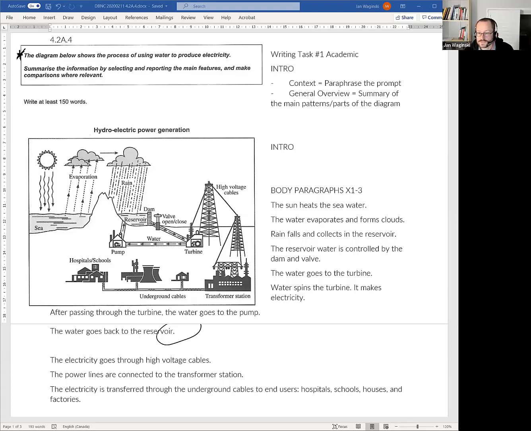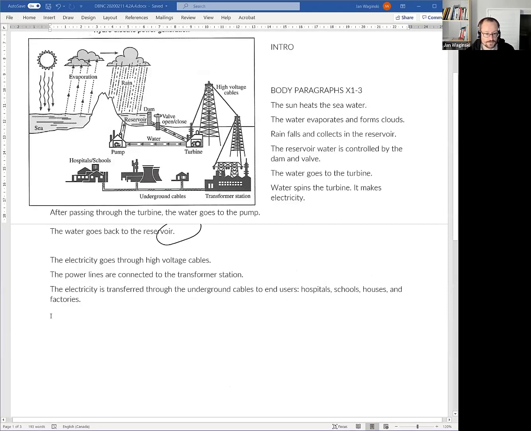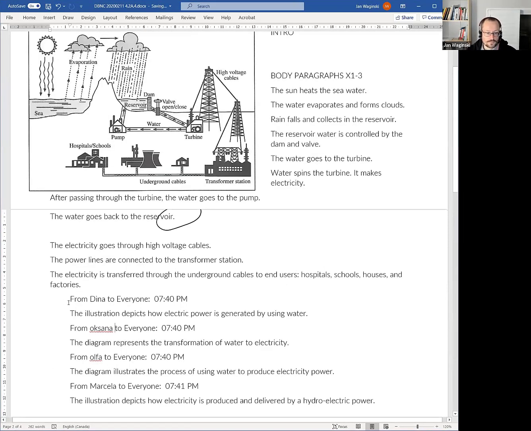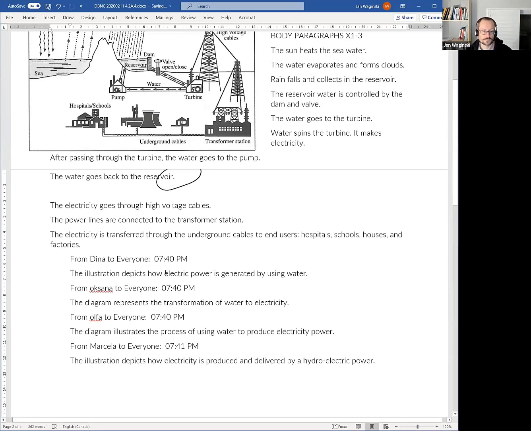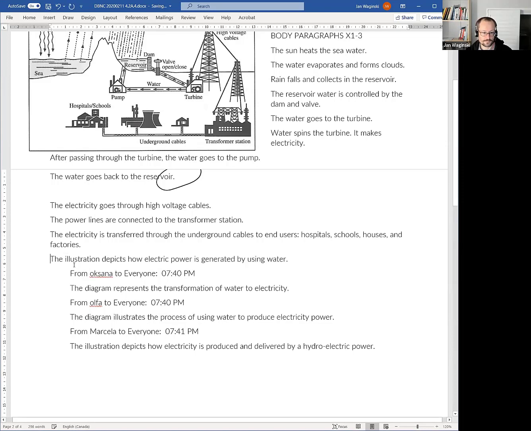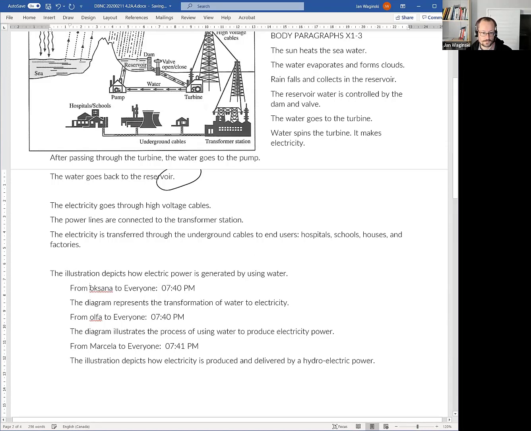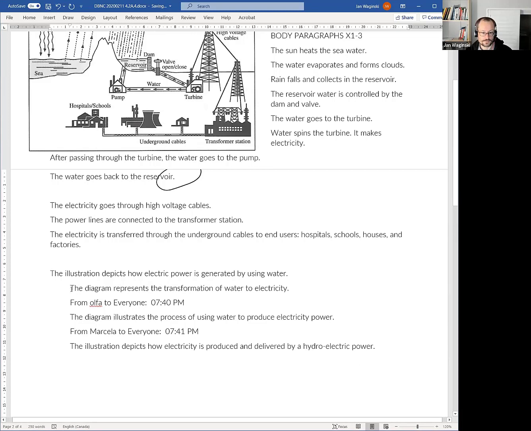Okay, looks like everyone just posted their paraphrases. Let's check them out. By using water. Okay, very nice. Good stuff. Creation of water to electricity. Good.